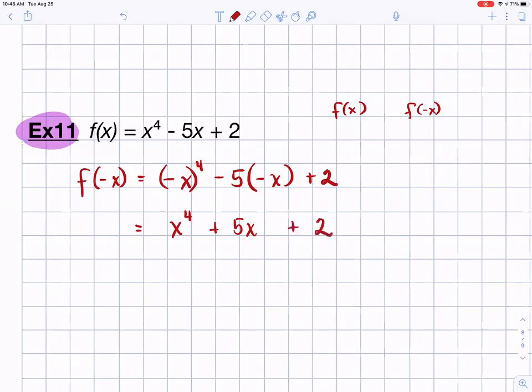Plus 2. There's no x's there, there's no negatives. Nothing changed with that term. All right, so we're looking at those two now. Are they the same? So what do we automatically know? Not even, not y-axis symmetry. Okay, well, I don't know yet. I haven't done the second part of the test. I can't say that yet.